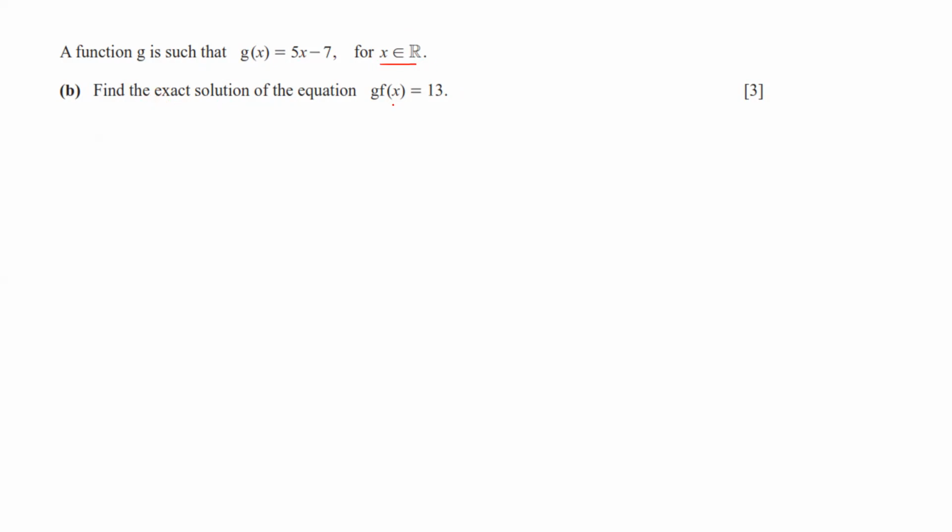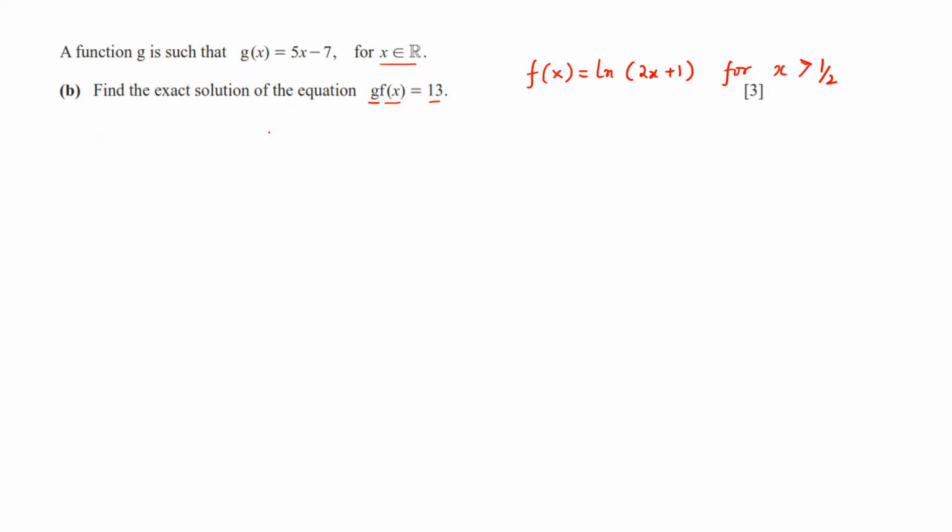It says find the exact solution of the equation g of f of x is equal to 13. So remember, f of x was natural log of 2x plus 1 for all x greater than minus 1/2.